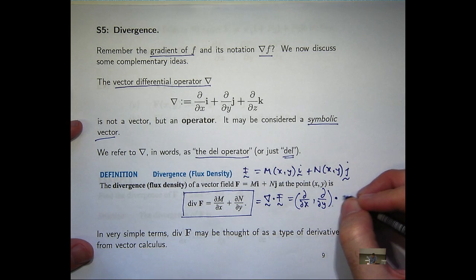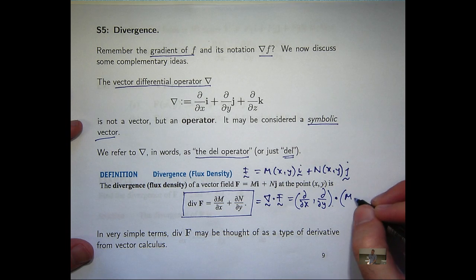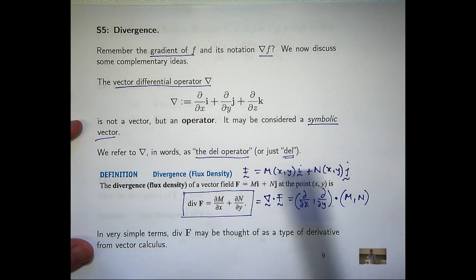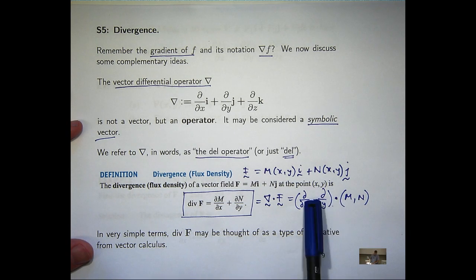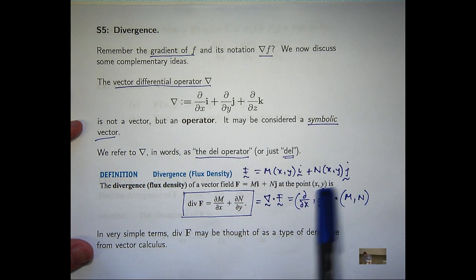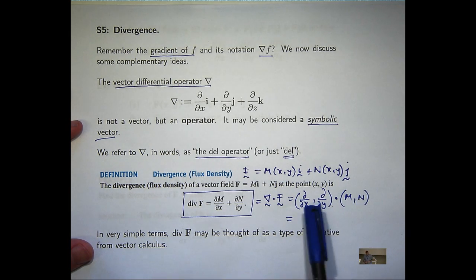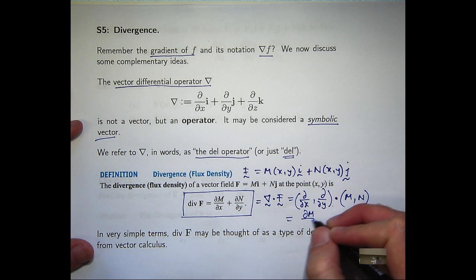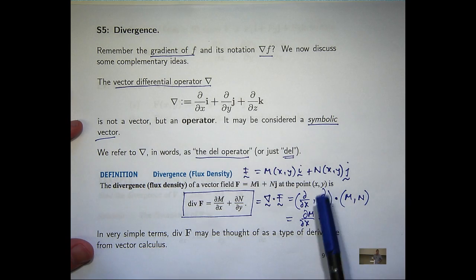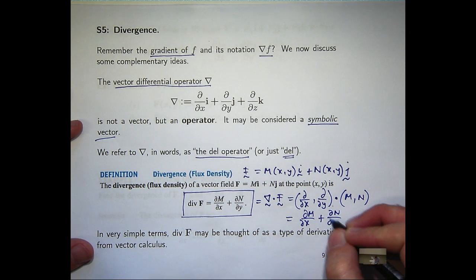And I'm going to dot that with these component functions of my vector field f. So how do you expand this? Well, think of it as a regular dot product, but instead of multiplying, these d dx, d dy are operating on these functions of x and y. So it would be d dx of m, which is just dm dx, plus d dy of n, which is dn dy.